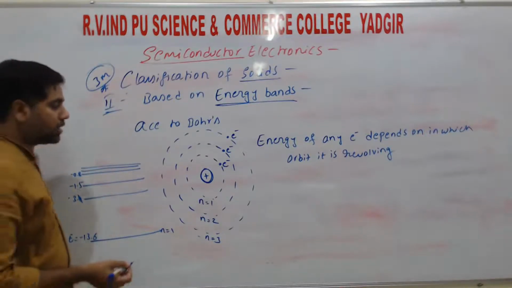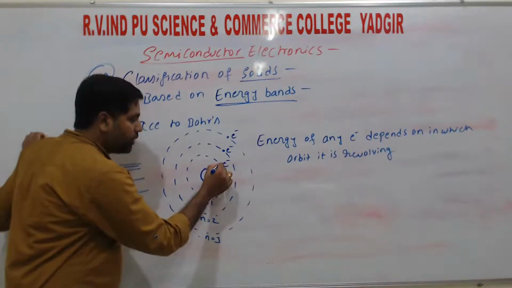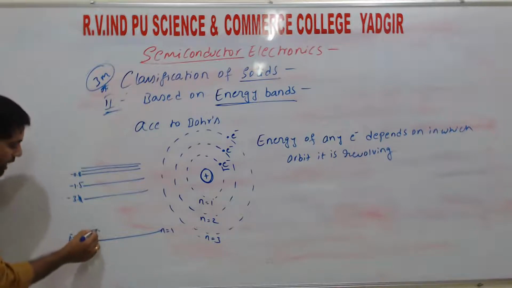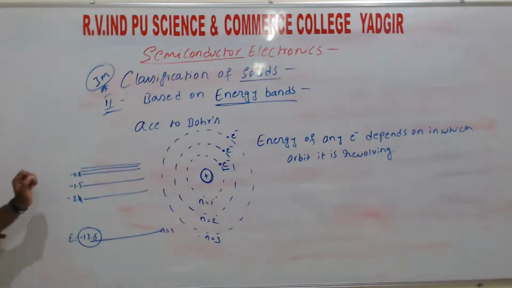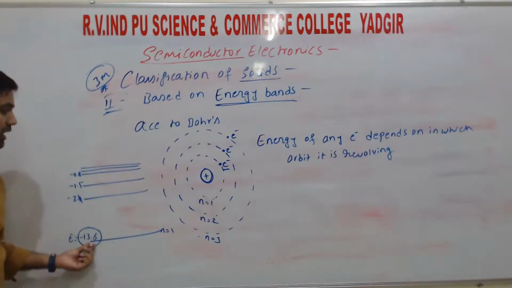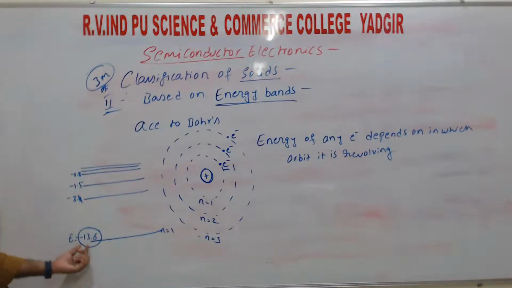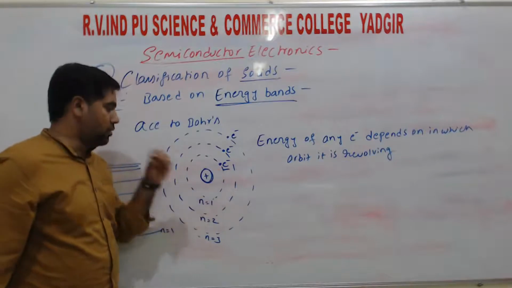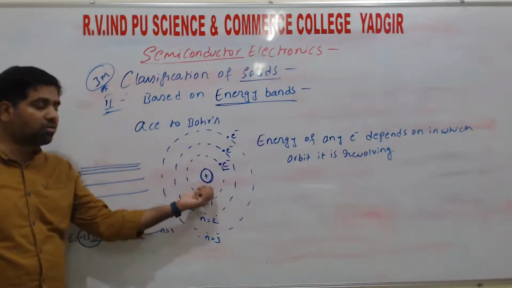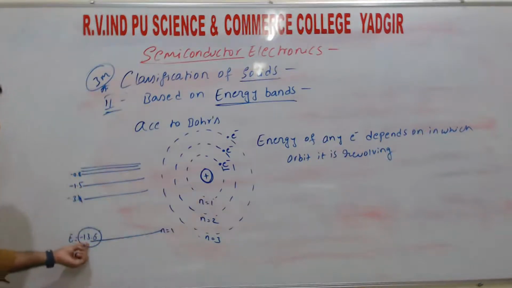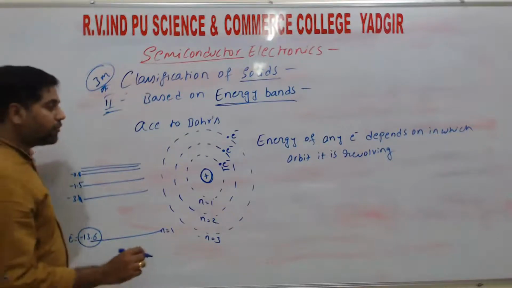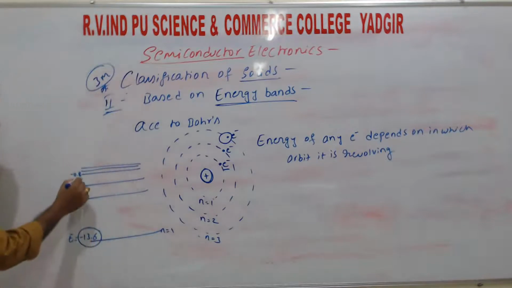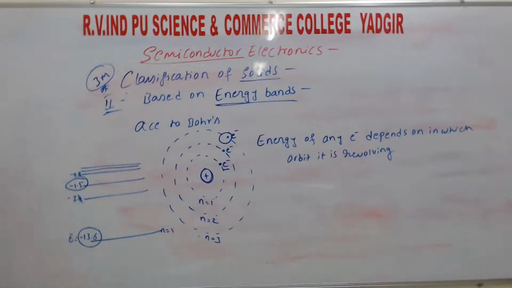If the electron is revolving in the first orbit, it has the lowest energy, minus 13.6. If the electron is revolving in the third orbit, its energy is around minus 1.5.